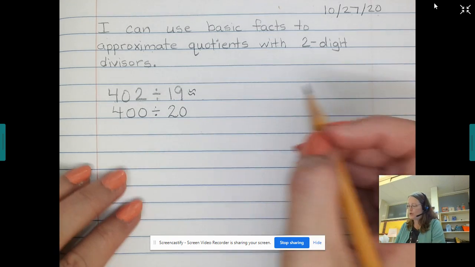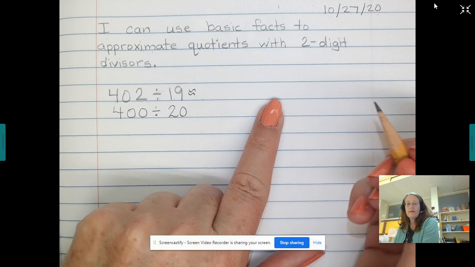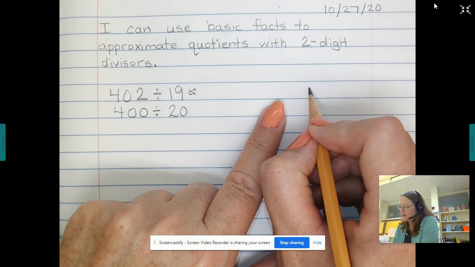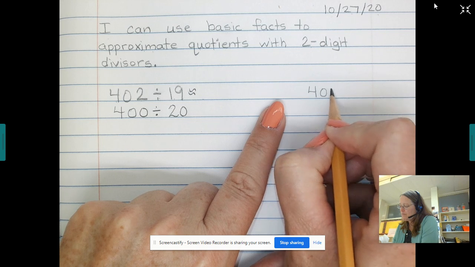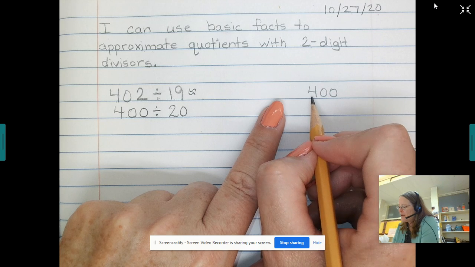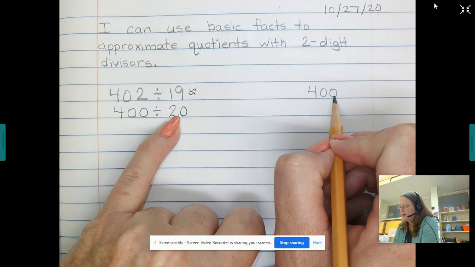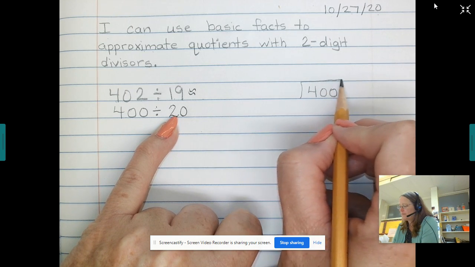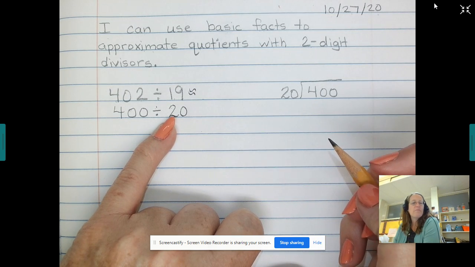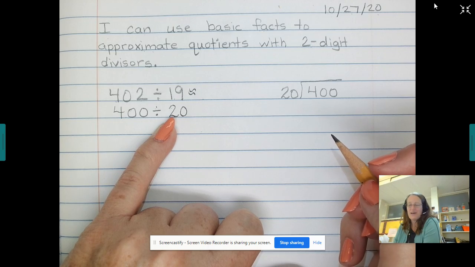I'm going to show you, you do not have to write this, but I'm going to show you over here using the standard algorithm, and then I'm going to show you a little something fancy, okay? 400 divided by 20. Remember our steps: divide, multiply, subtract, bring down.